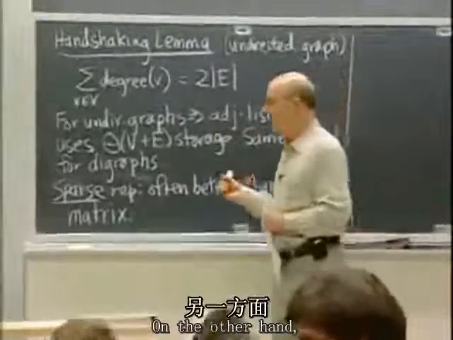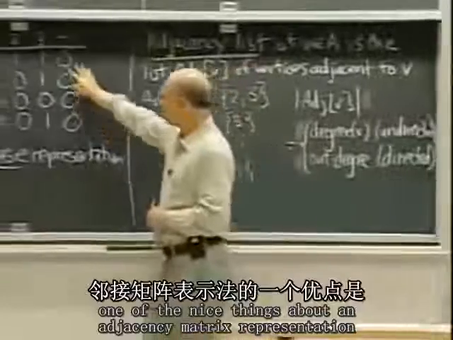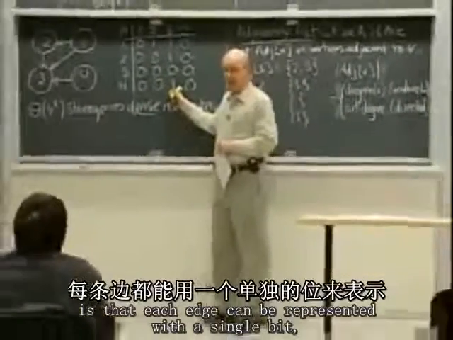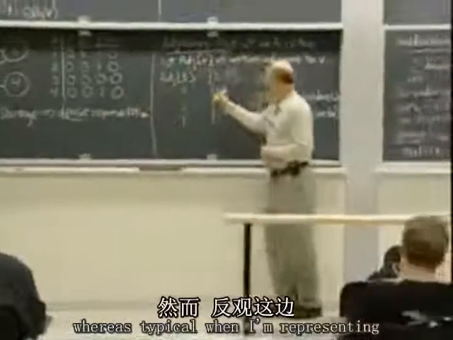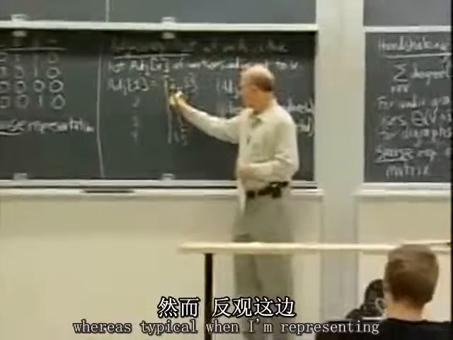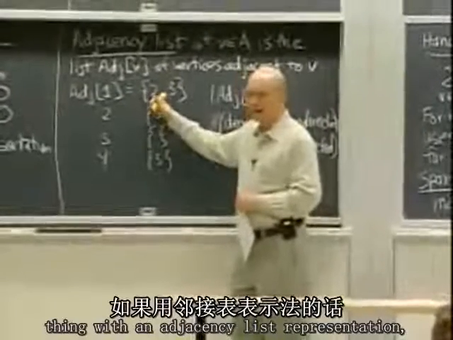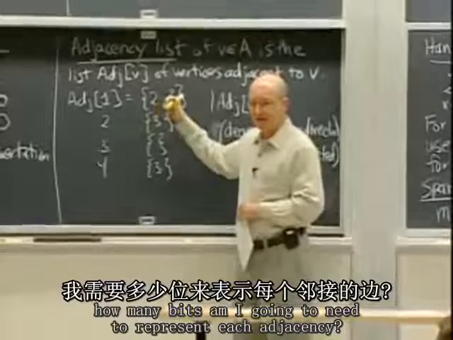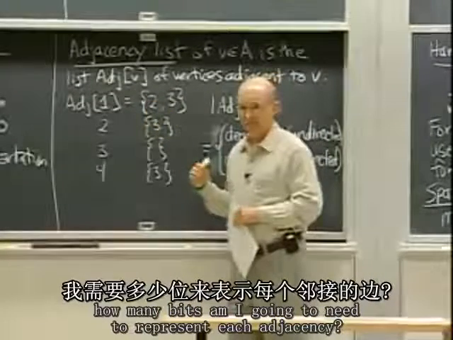On the other hand, one of the nice things about an adjacency matrix representation is that each edge can be represented with a single bit. Whereas typically with an adjacency list representation, how many bits am I going to need to represent each adjacency?